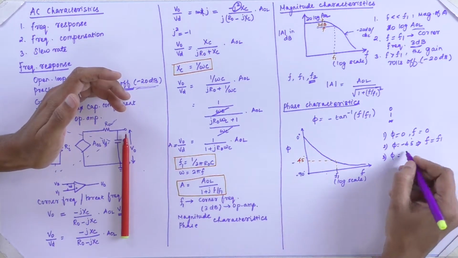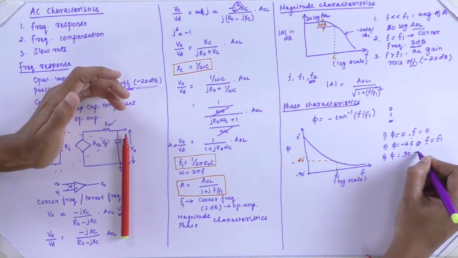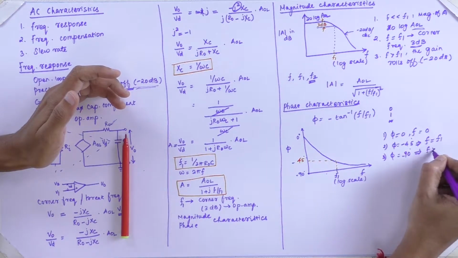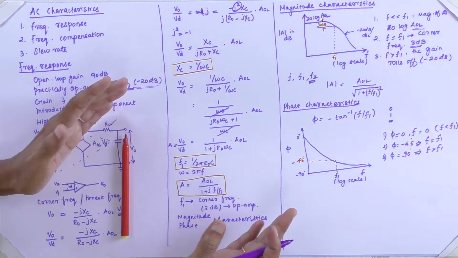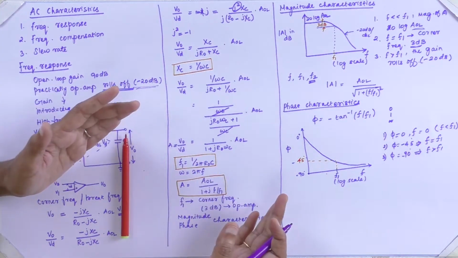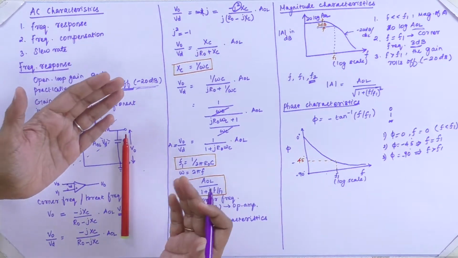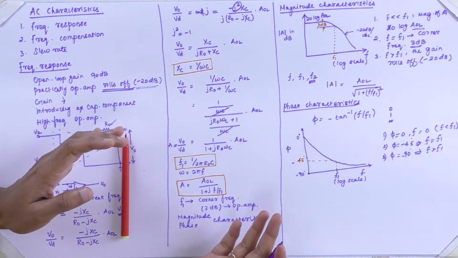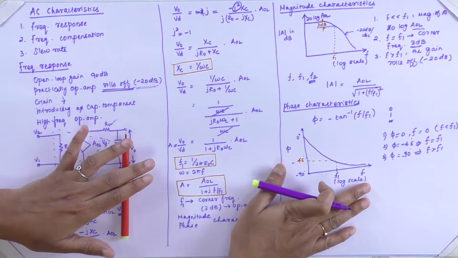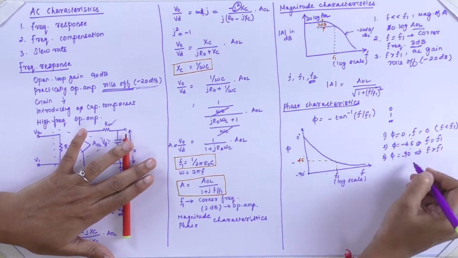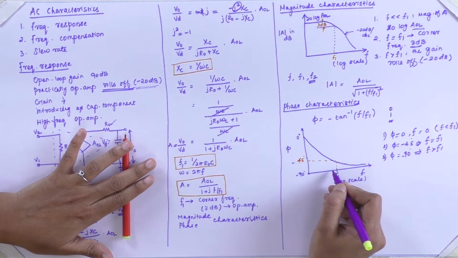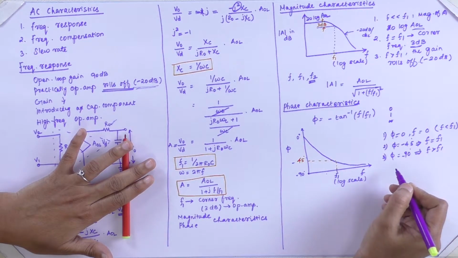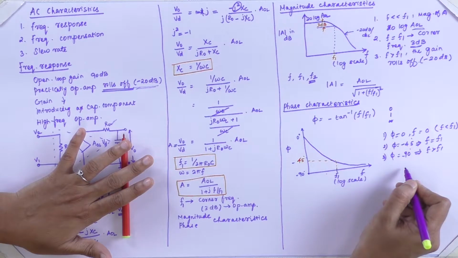So here, minus 90 degree is when F is greater than F1, or I can write F value will be less than F1, by considering the two frequencies F and F1, that is your normal frequency and the corner frequency. We can draw the phase characteristics. So here F is greater than F1, it touches, that means your frequency value will be infinite.